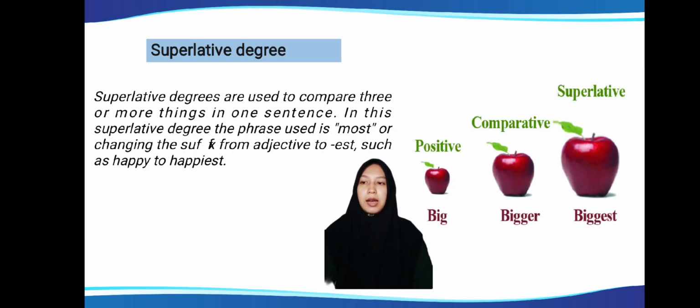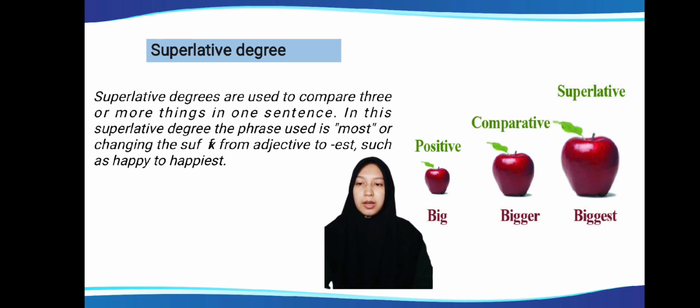Superlative degree is used to compare 3 or more things in one sentence. In the superlative degree, the phrase most is used, or the suffix of the adjective is changed to est, such as happy to happiest.